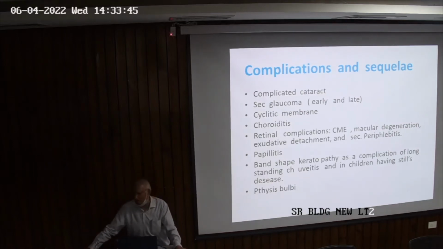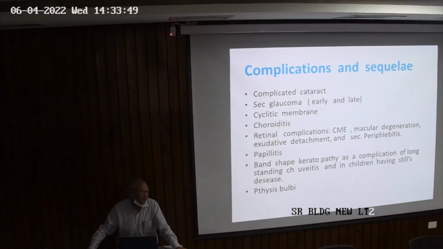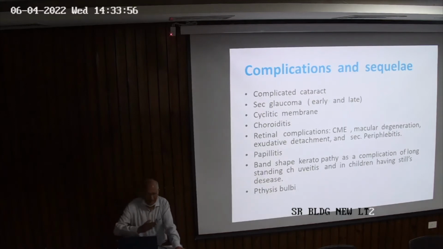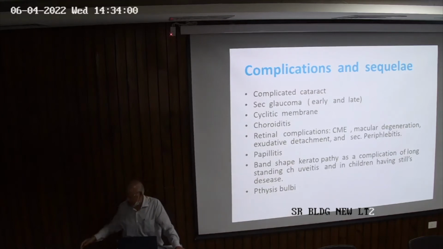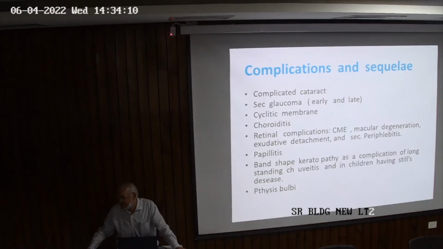Secondary glaucoma. Why am I calling this secondary glaucoma? Because primary glaucoma is a separate one, with a primary cause. Secondary glaucoma is where a disease is the cause, and later on it causes the glaucoma. We have divided this glaucoma in uveitis into two parts, early and late.